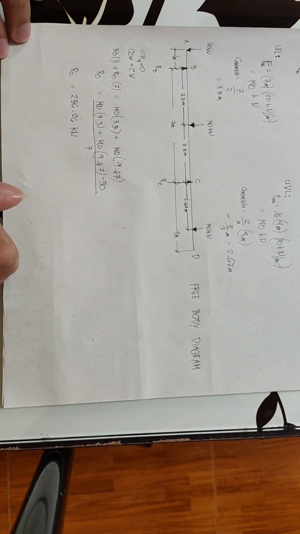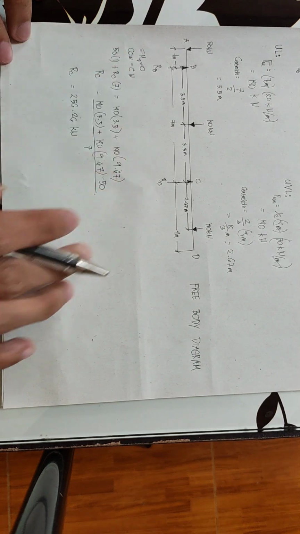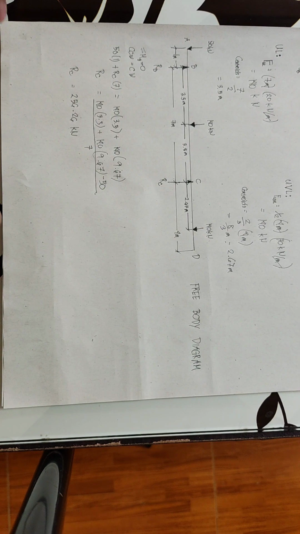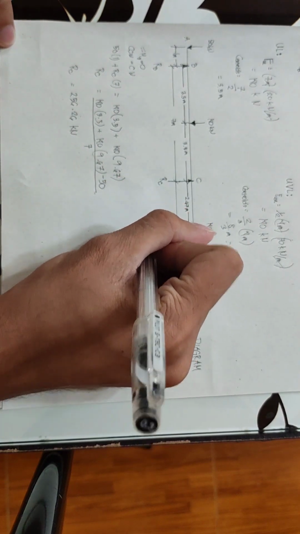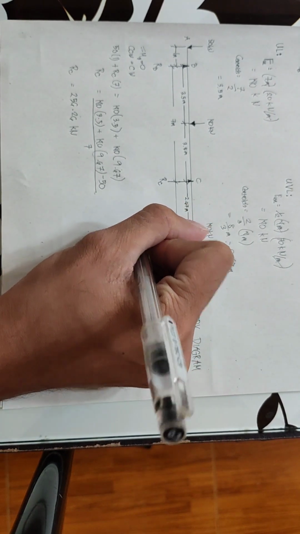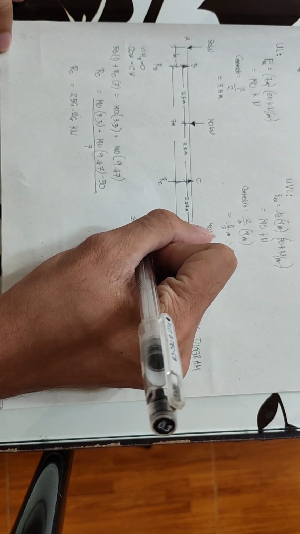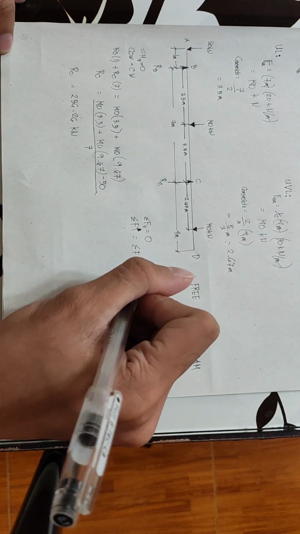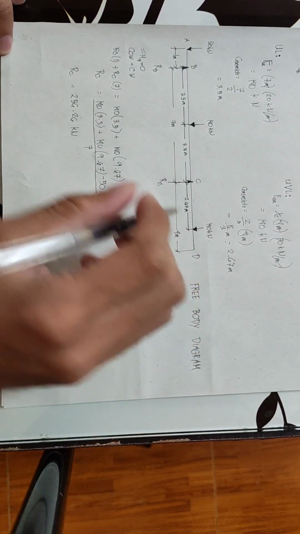So to solve for RB, we're going to do a summation of forces. Summation of vertical forces is equal to 0. So we assume that the forces going upward are placed on the left side, while the forces with a downward direction are placed on the right side.